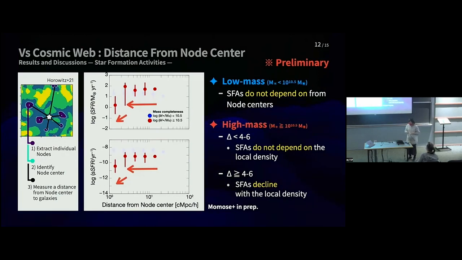So this distance investigation indicates that median star formation activities usually do not differ with distance from nodes. However, high mass galaxies seem to suppress their star formation when they are very close to the node.